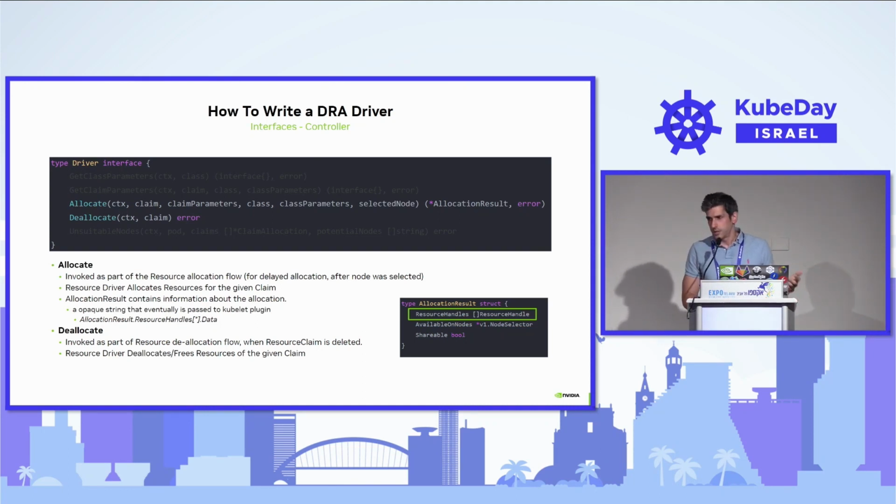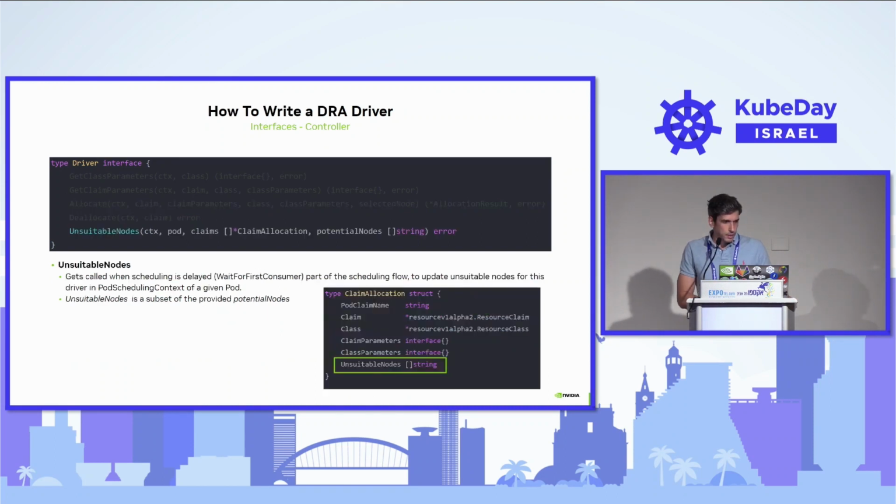The deallocate call essentially deallocates the resource. It's called when the resource claim is deleted. It should essentially free resources which were created by this claim. Unsuitable nodes. This gets called during the wait for first consumer flow, where we need to negotiate with the scheduler on which nodes we are scheduled on.